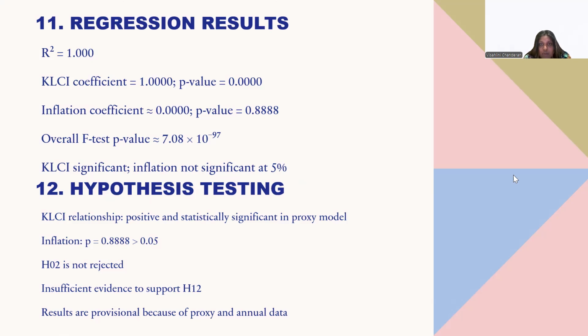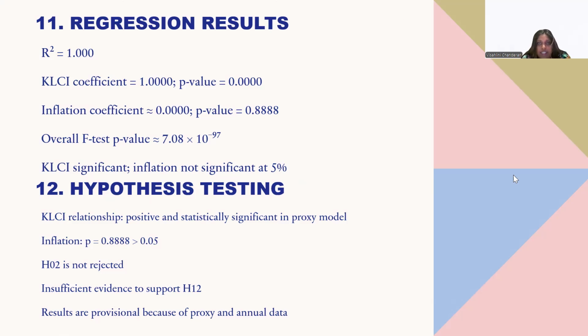The inflation coefficient has a p-value of 0.8888, so it is not statistically significant at the 5% level. The overall regression is statistically significant. However, the extremely high R squared is expected because the proxy was constructed directly from the KLCI series.